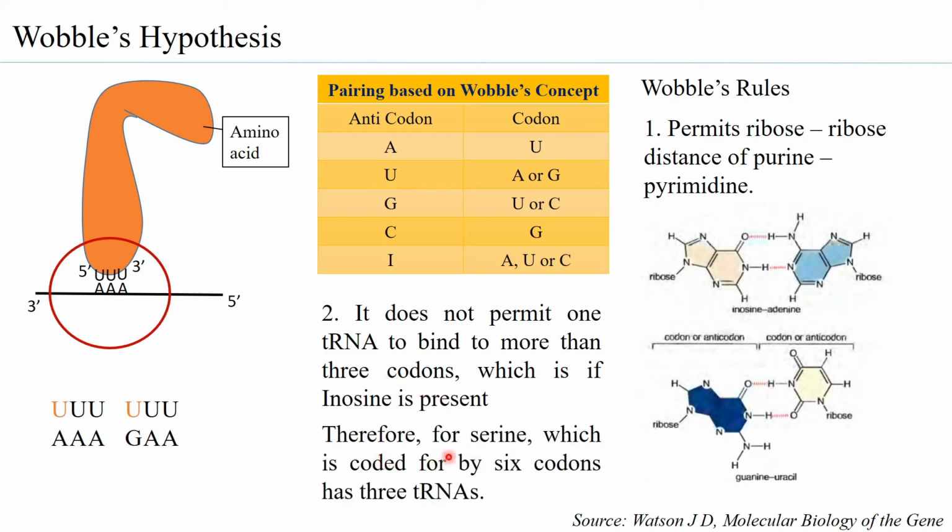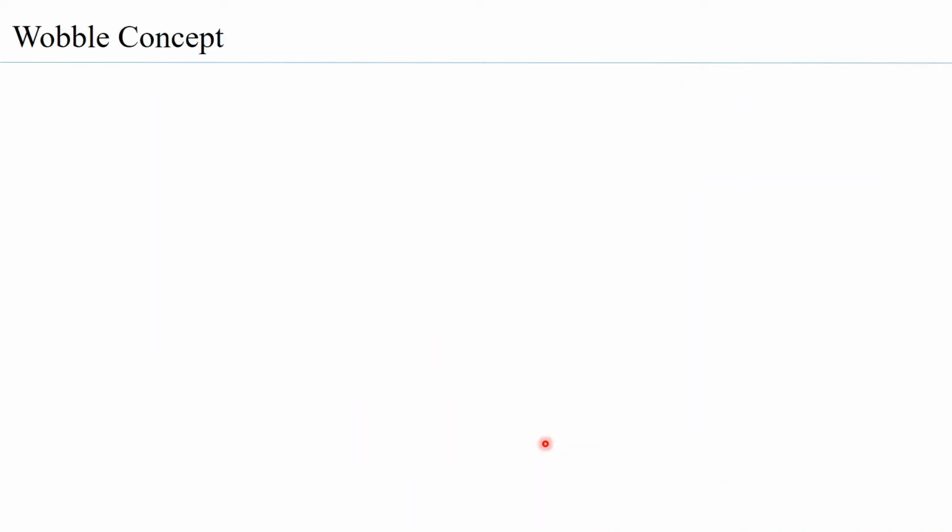So let us take into consideration serine. Serine has six codons and there are three tRNA that can recognize the total six codons. So instead of having six tRNA, you can already see that serine just has three tRNA. So you can see why the number of tRNA are much lesser than the number of codons.